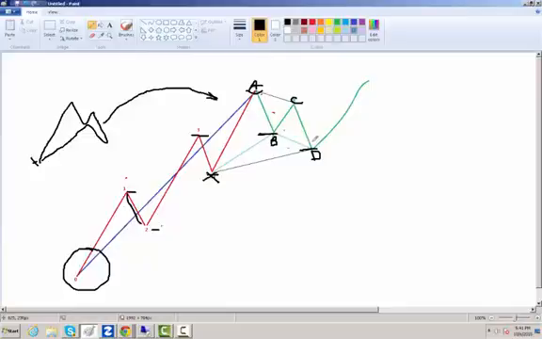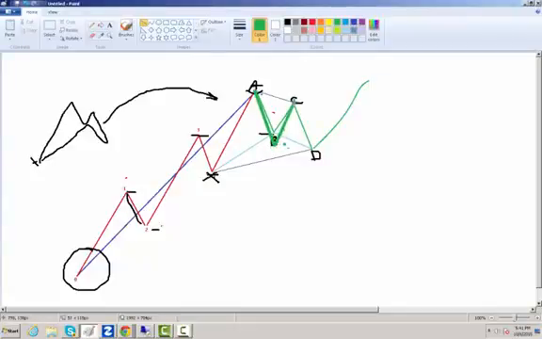is a Gartley pattern. If for some reason, for instance, let's just take this a little step further and look at the green here one more time. If for some reason this had a deeper retracement, let's just say it had a deeper retracement like this, okay?